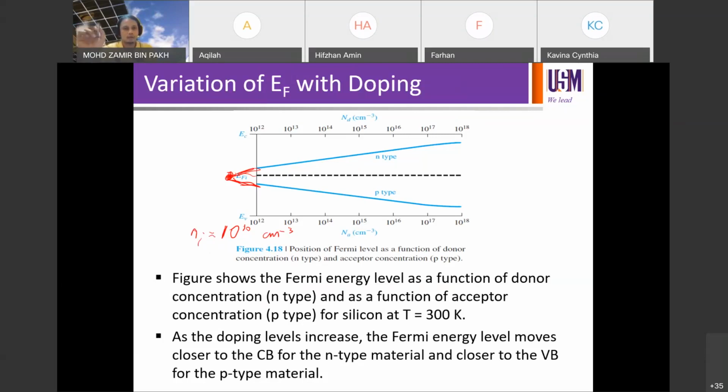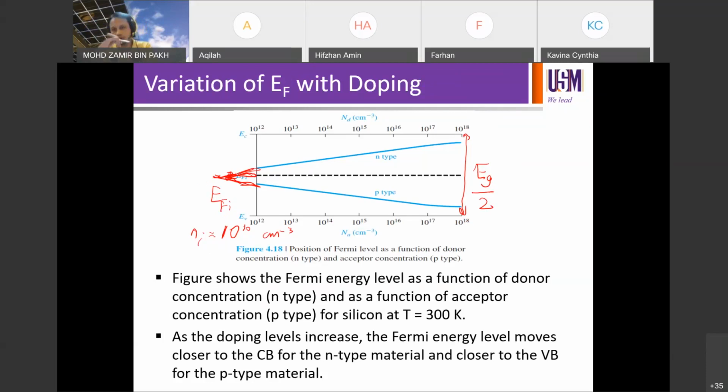So note that when you have your intrinsic, your EF is equal to your mid gap, right? Eg over 2, which is EC minus EV over 2. So the space between EC and EV divided by 2. So you're going to get your EF intrinsic, right? That's how it started, EF intrinsic.